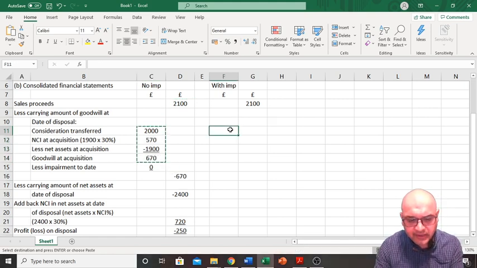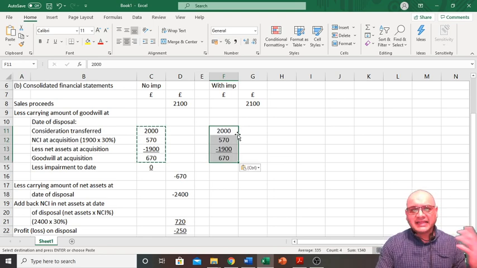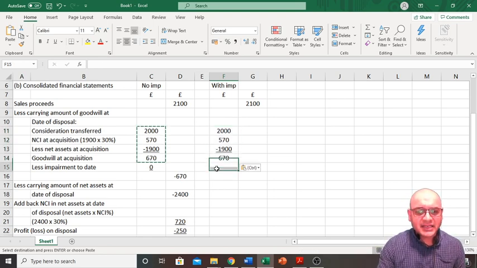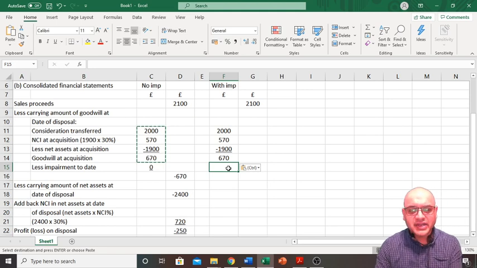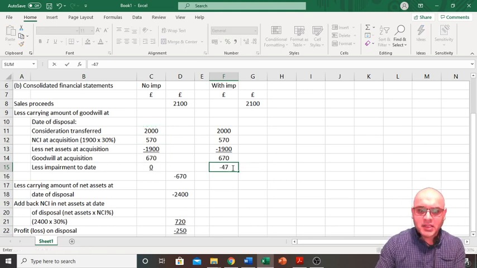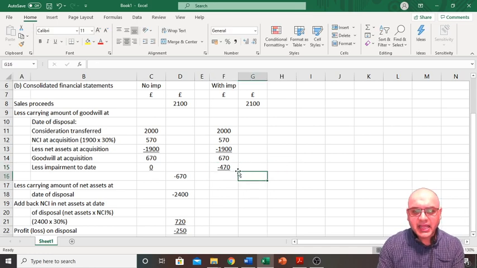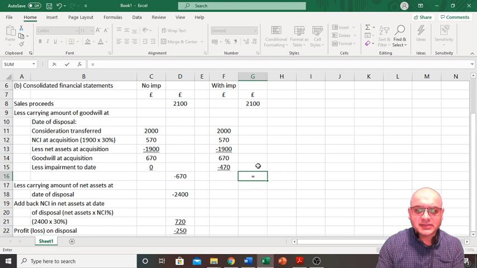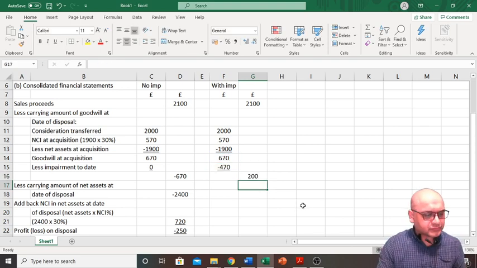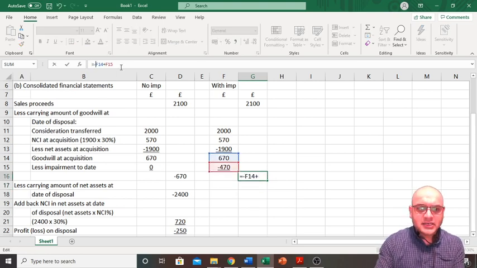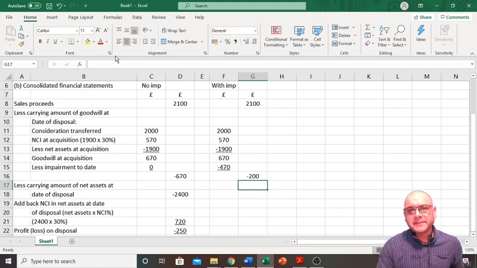So in the middle column we'll record all that, work out goodwill at the date of acquisition, no change. But then there is an impairment of 470. So if we record 470 here, that should give us the goodwill at the disposal date. Okay, right, we have removed the impairment from there.